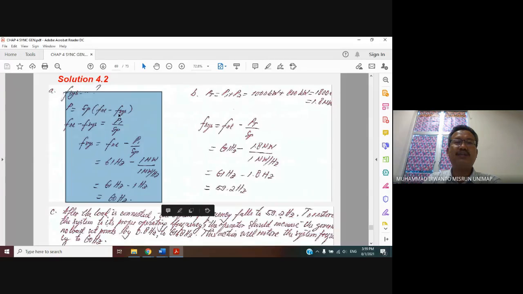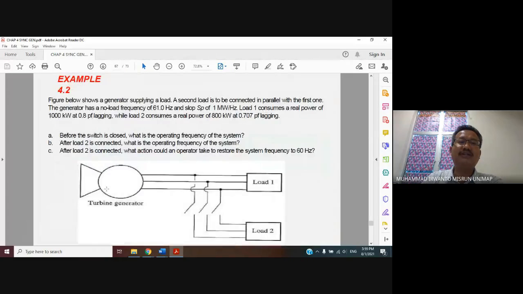From here we can write that frequency system is equal to no load frequency minus, because this is only one generator, the capacity is 1 megawatt.